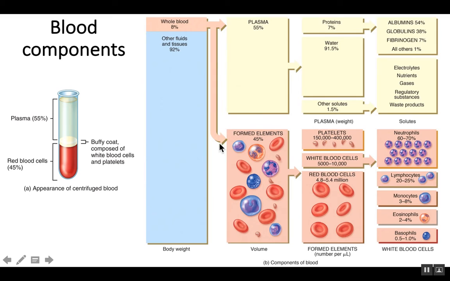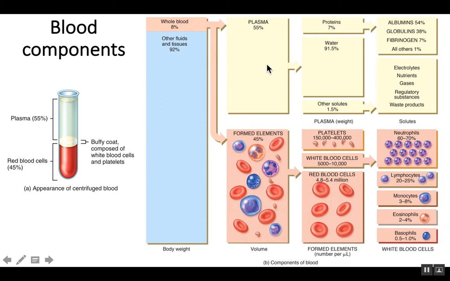We take the 45% formed elements, which include cells like red blood cells, the different white blood cells, and the little platelets. So we can separate out the formed elements into those three categories: platelets, white blood cells, and red blood cells. And then we can further divide the white blood cells up into their specific types. But let's go back up to the plasma first.